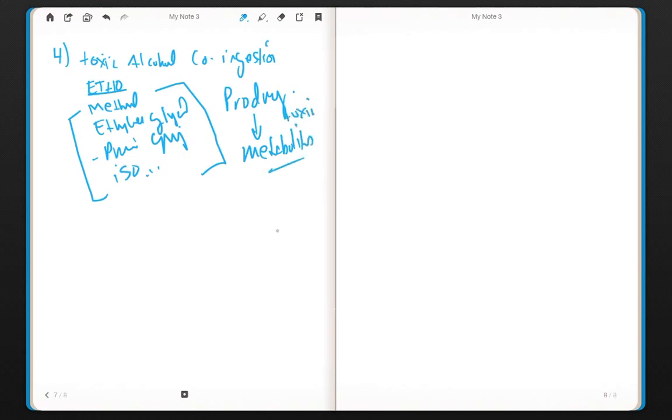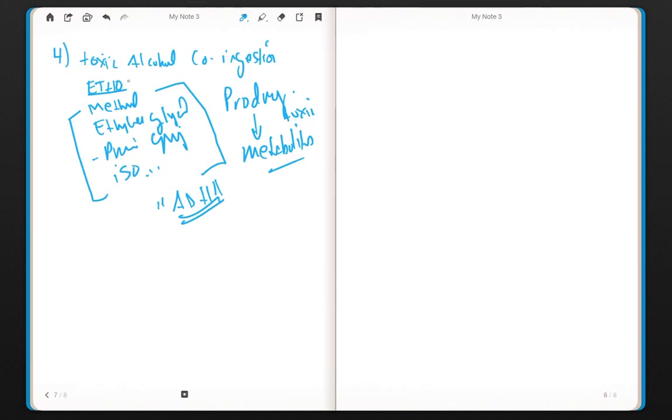Typically the enzyme alcohol dehydrogenase is involved in metabolizing these into their toxic metabolites. So treating them can often involve administering medications like fomepizole, which can inhibit the ADH enzyme and prevent it from metabolizing these into their toxic metabolites.